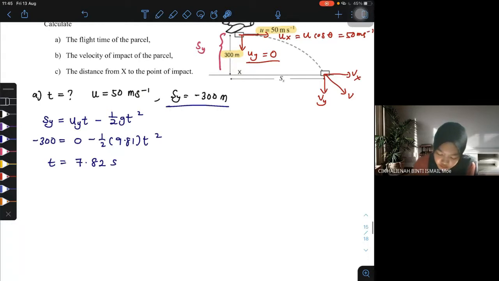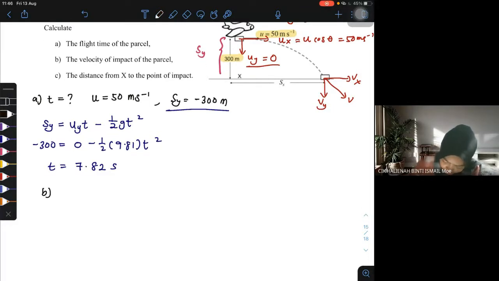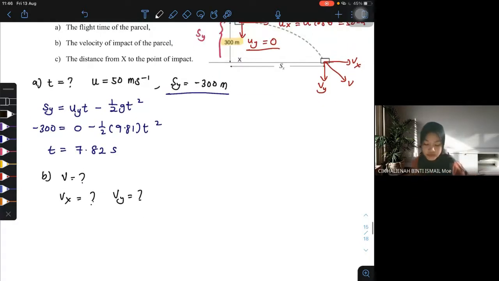So because we want to find the velocity, which is value for V, so in order to find the value for V, we need to find Vx and Vy first. Okay, so soalan B, we want to find V. So we need to find Vx and also Vy.